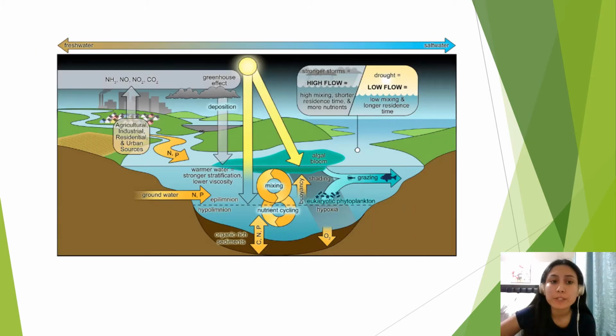Just to recapitulate what I previously mentioned, I found this flowchart that might help us better understand how algal blooms form. So this flow chart actually includes global climate change.